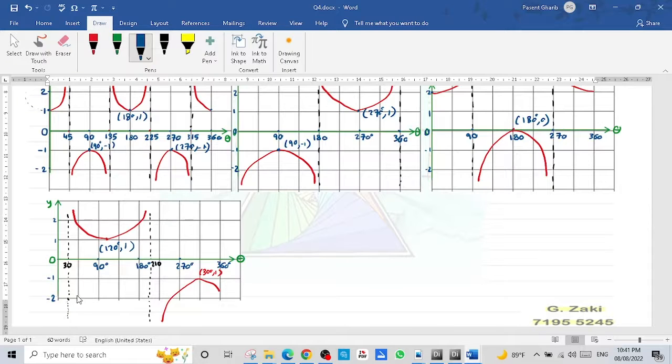Also here we have a part of the curve at -2, going down at -2. So this is the part of the curve. Then the curve intersects the y-axis at the point 0 and -2. The minimum point at 120 and 1, the maximum point at 300 and -1.